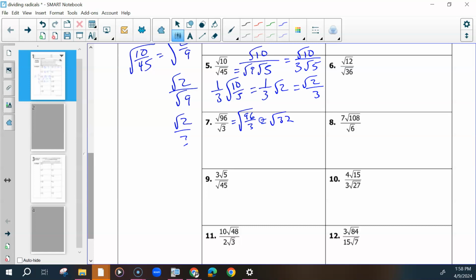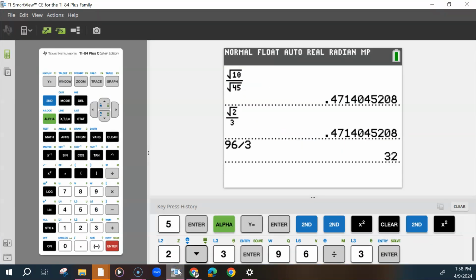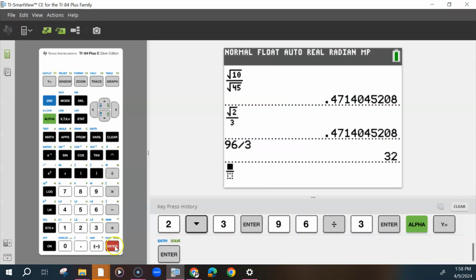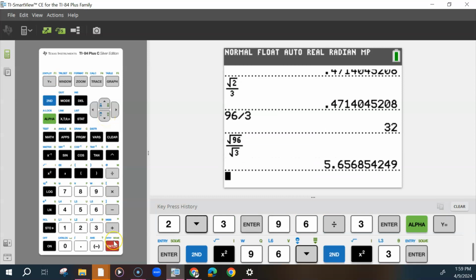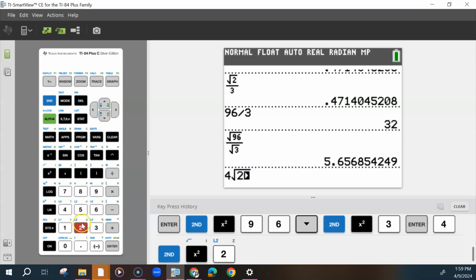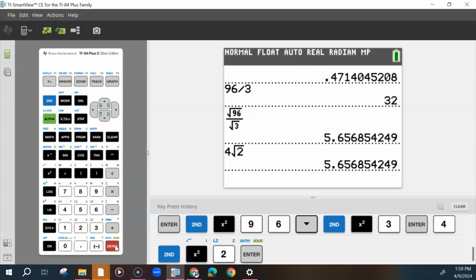So I know 4 goes into 32, but so does 16. And the square root of 16 is 4. And again, if I were to put that in, and put in my 4 square root of 2, we get the same thing. So we're good.